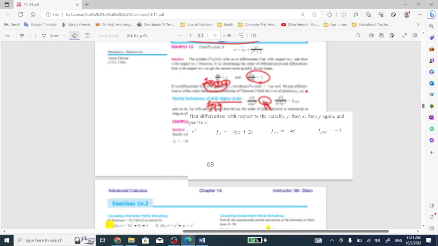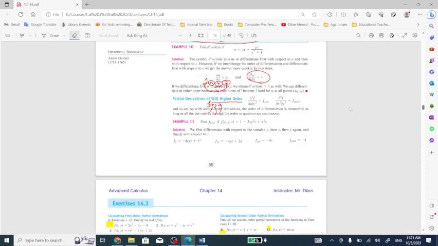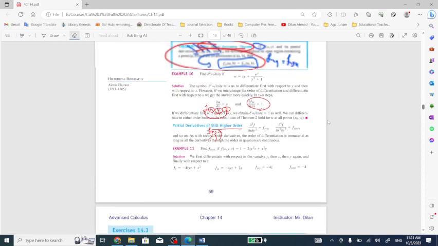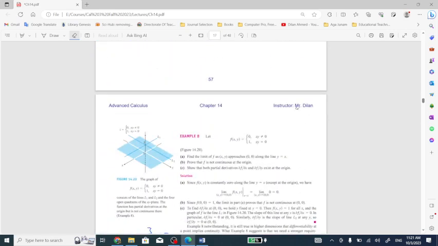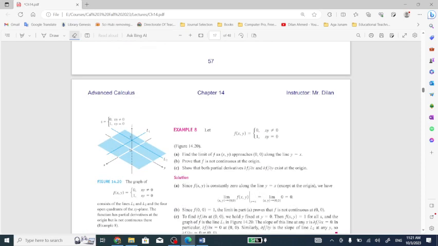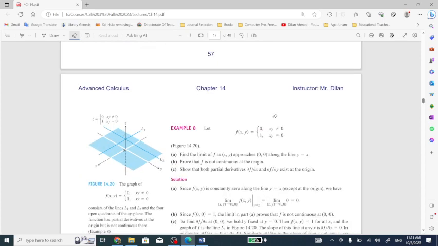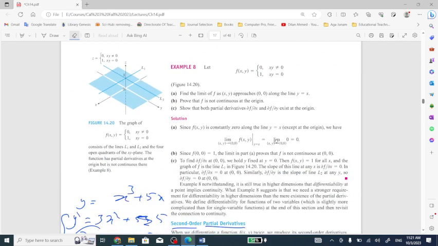You got it here? It's not hard, it needs a little bit of time. Anything you want to find? This is the continuity. We talked about the continuity in the previous one, we don't need to mention it here again. Example 8, you can just read it for more information.